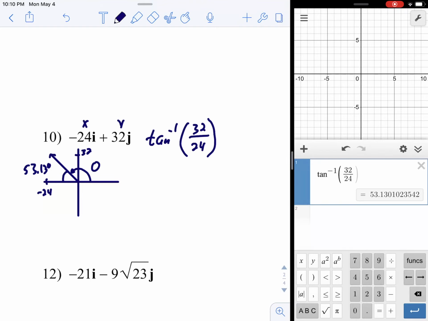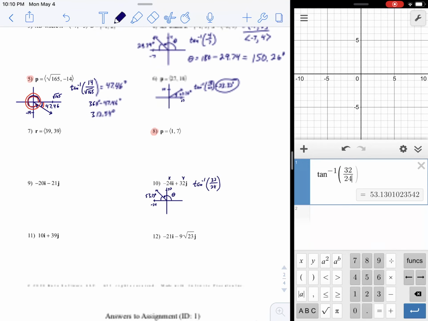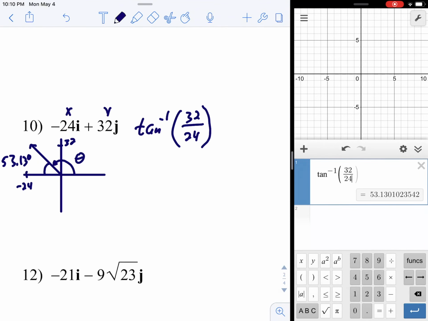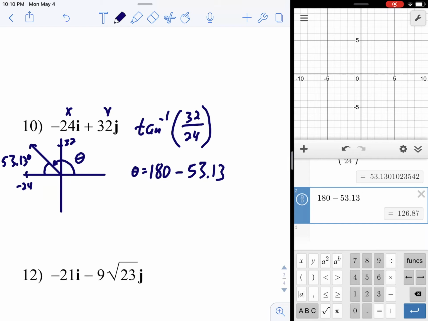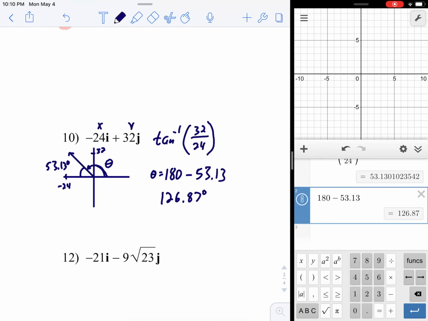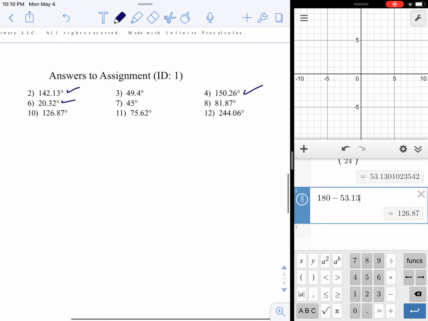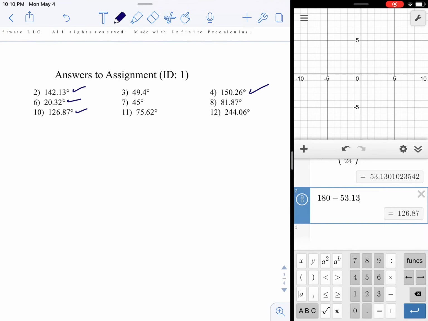My vector angle, if I want to call that theta, theta is going to work out to be 180 minus 53.13. Use a calculator: 126.87 degrees. So this vector angle, 126.87. There it is.